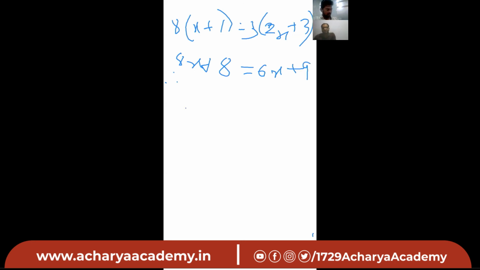Then we're going to shift this 6x from the RHS to the LHS, making it minus 6x equals 9 minus 8. We get here 8x minus 6x is 2x and 9 minus 8 is 1. Therefore, x equals 1 upon 2.